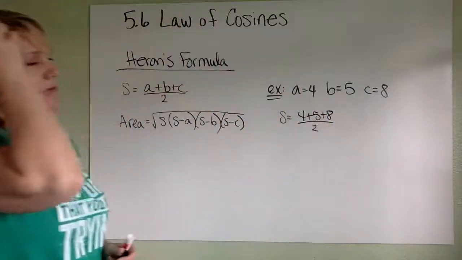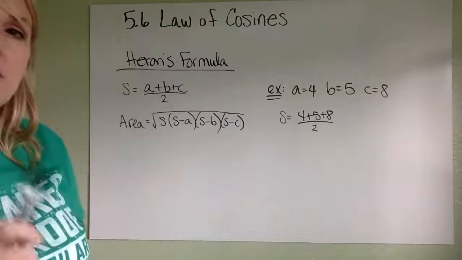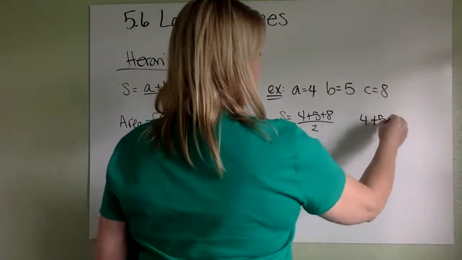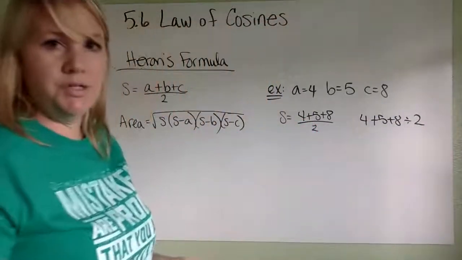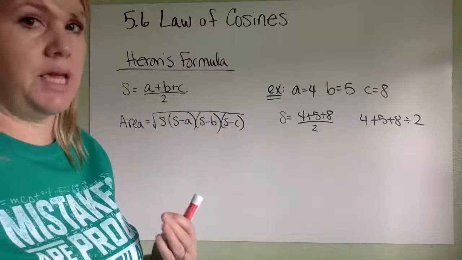Be careful if you type this into your calculator that you don't just go 4 plus 5 plus 8 divided by 2. If you literally type it in that way, what's going to be divided by 2? Just the 8, not the sum of 4 plus 5 plus 8.